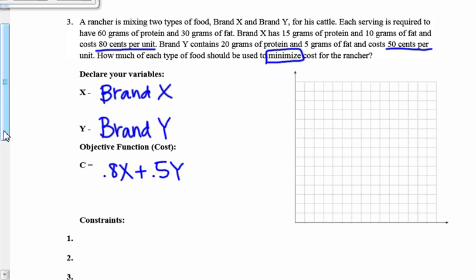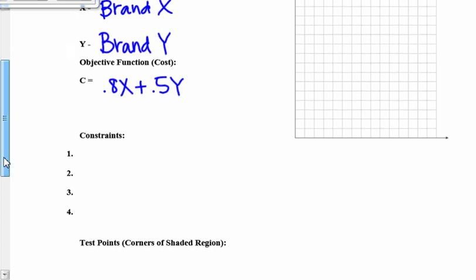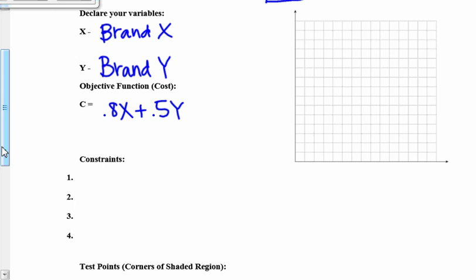So one of my constraints, now we didn't spell them out for you this time, we want to see if we can get it on our own. They will be spelled out, but we just wanted to see if you can do it on your own. So one of the constraints is going to be about protein. One of the constraints is going to be about fat.